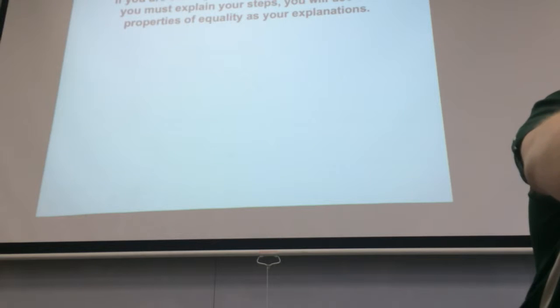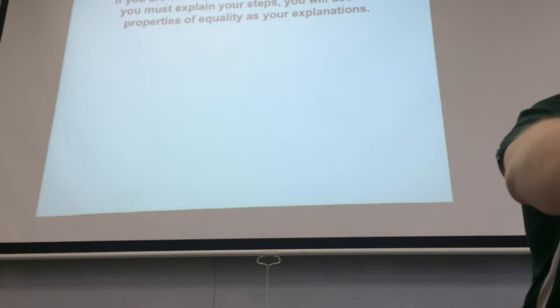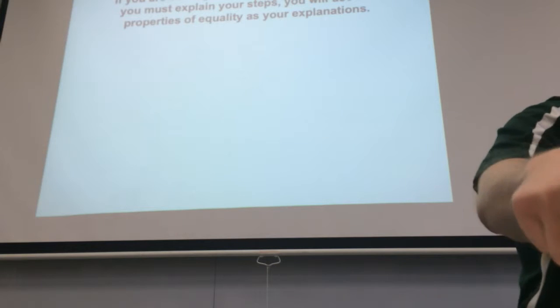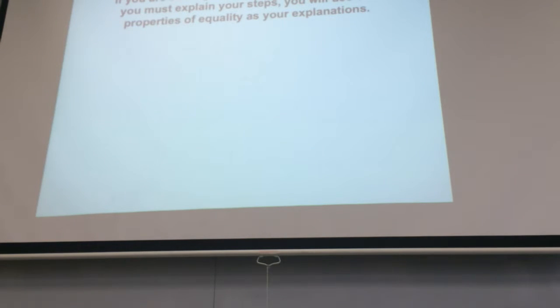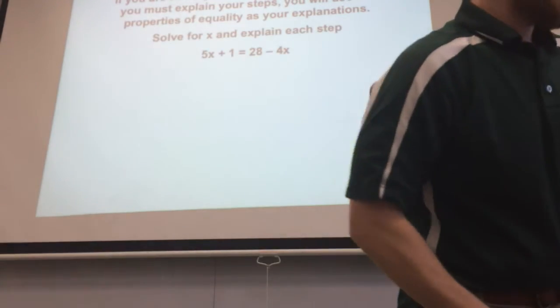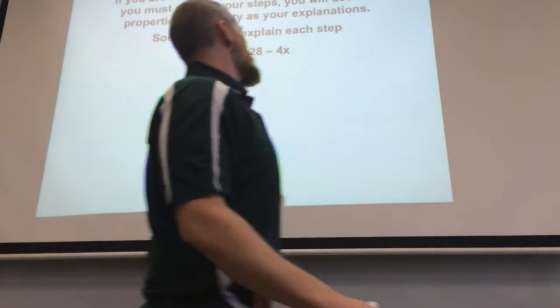If it doesn't say explain or give a reason for each step, you don't need to go as in depth as the setup I'll have now. Like if I give you just an equation and say solve for x, and that's all I say, don't give reasons and all this stuff for it. So the first one I'm going to do is this one, and then we'll do one more after this.